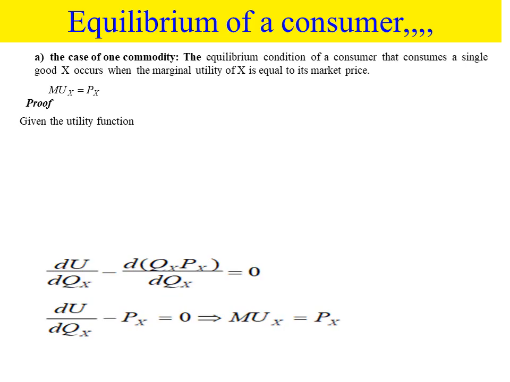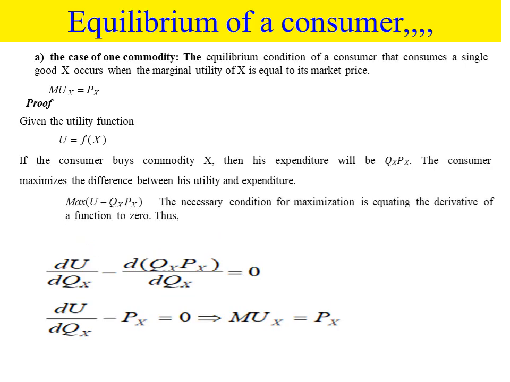Let us prove how this happens. Given the utility function, utility is a function of the products, for example, a function of banana.